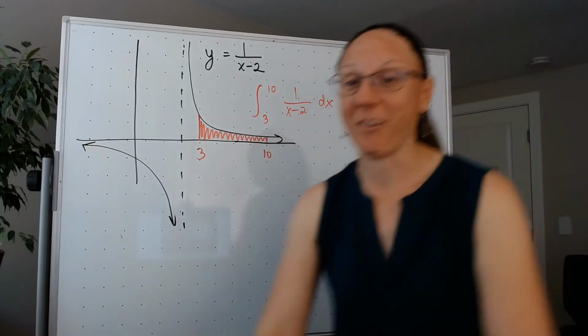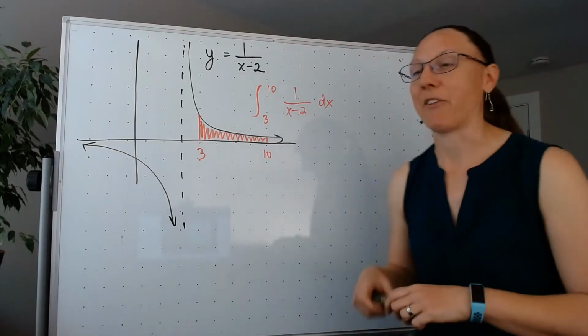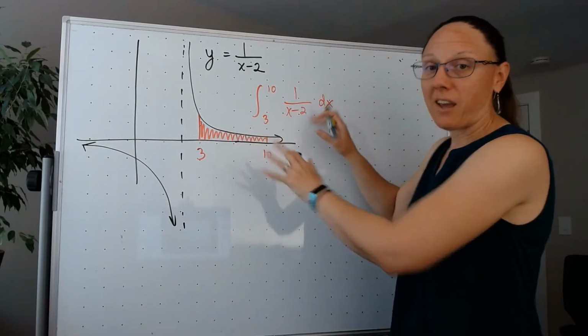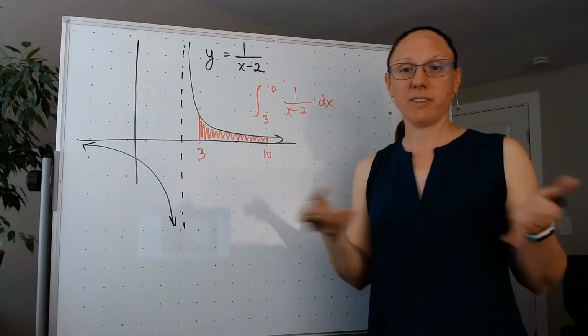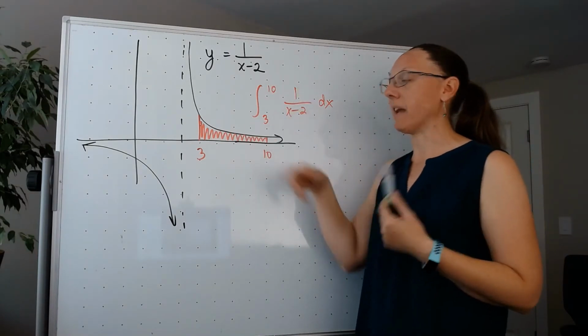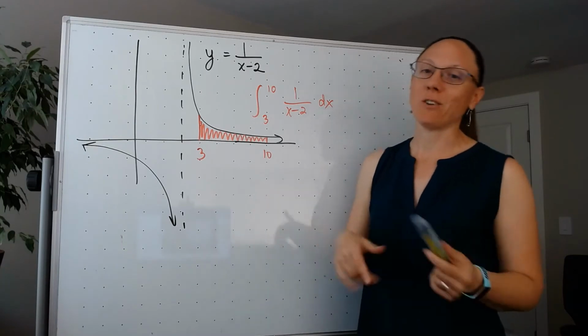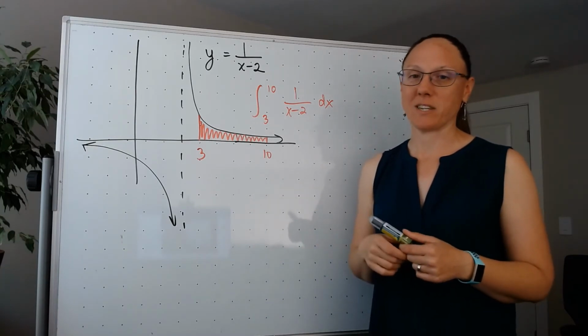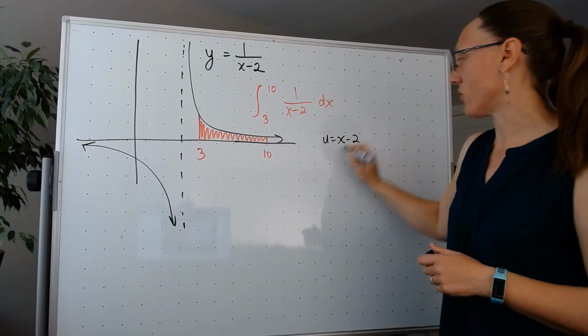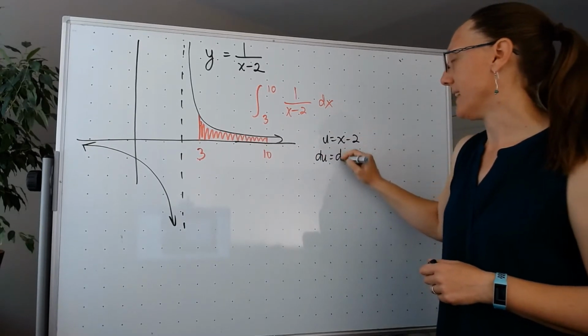Great. Okay, so let's go through this together. A couple of options. We can just remember that rule that we just did, because this has the form of 1 divided by the equation of a line. We can also do a u substitution, and that's the choice I'm going to make. If u is equal to x minus 2, then du is dx.